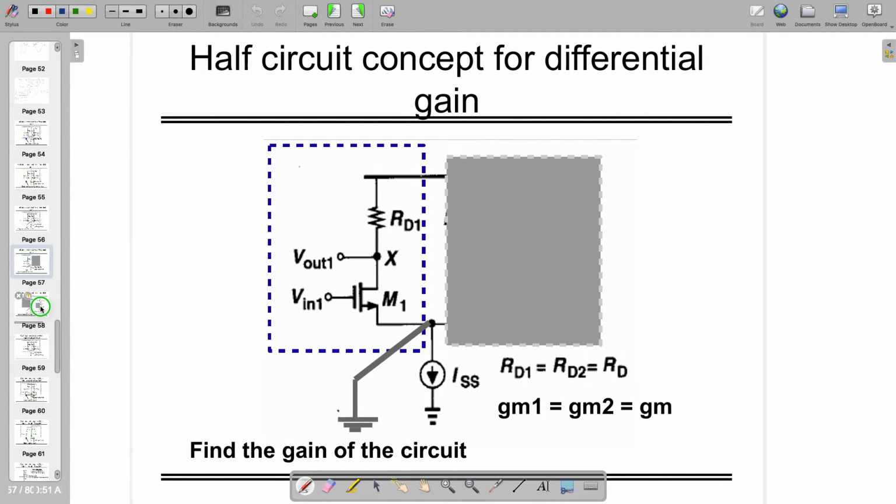So you can close one of the circuits, and this particular concept is known as the half circuit.